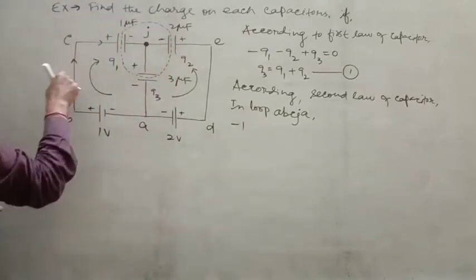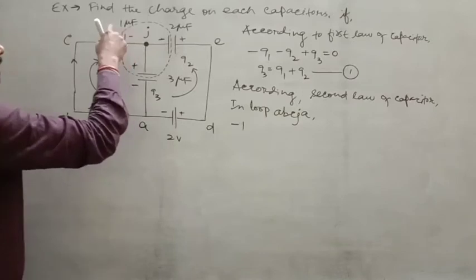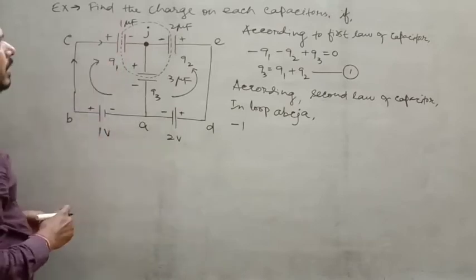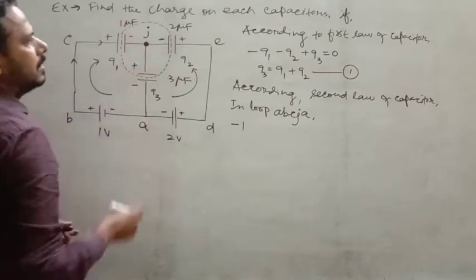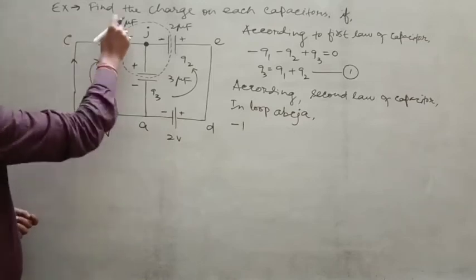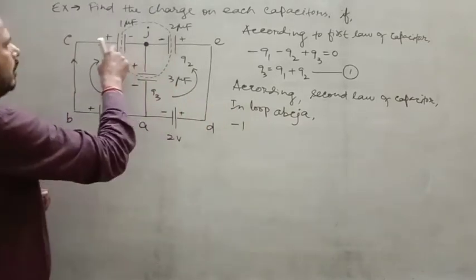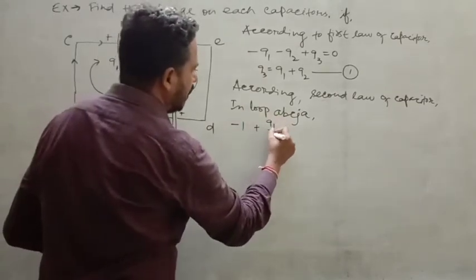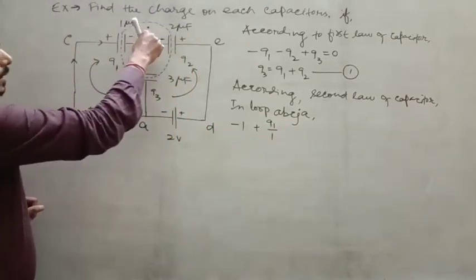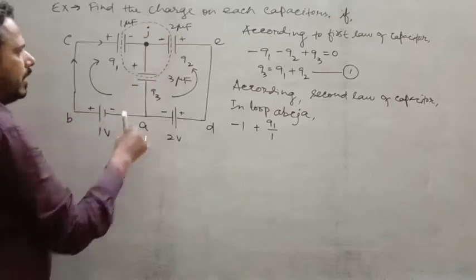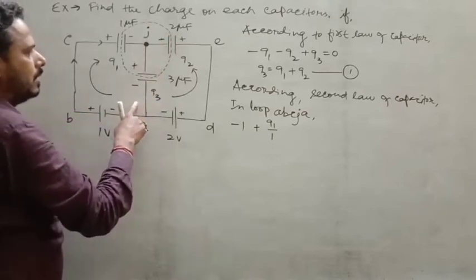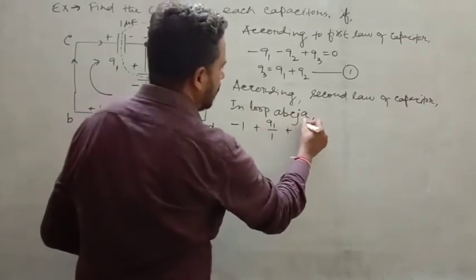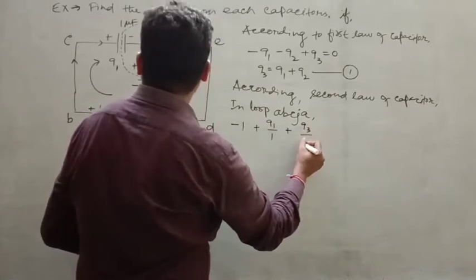Between B and C and between C and J there is no component except a capacitor with capacitance 1 microfarad. The potential drop in this capacitor is Q1 by 1, and it is positive because you are going from higher to lower potential. Again from J to A, you are going from higher to lower potential across the 3 microfarad capacitor, so plus Q3 by 3.